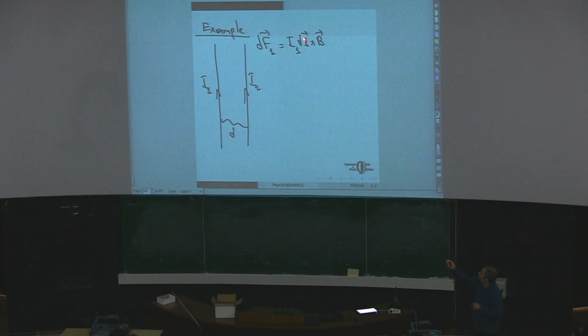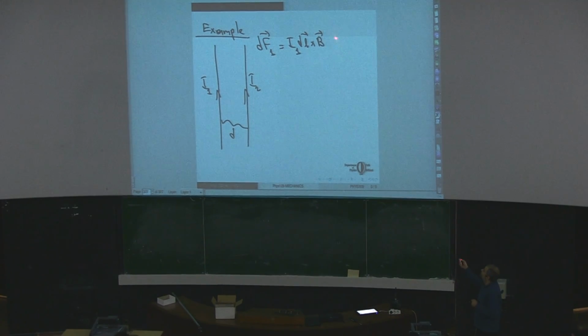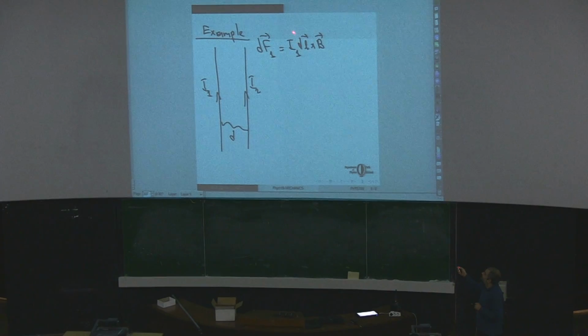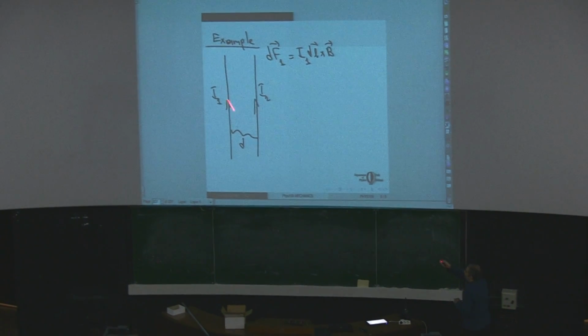The direction of dl is in the direction of the current itself, and B is the magnetic field where we have this dl.